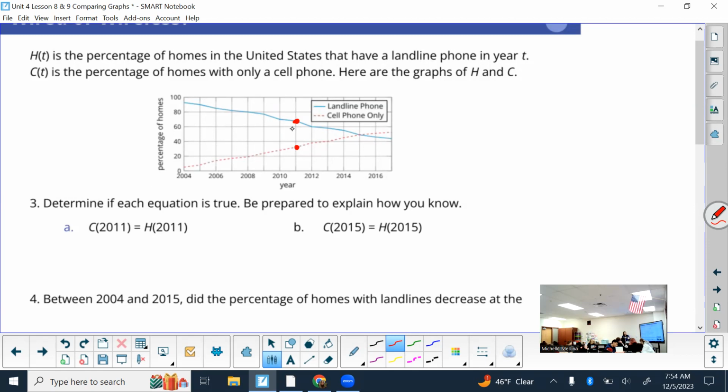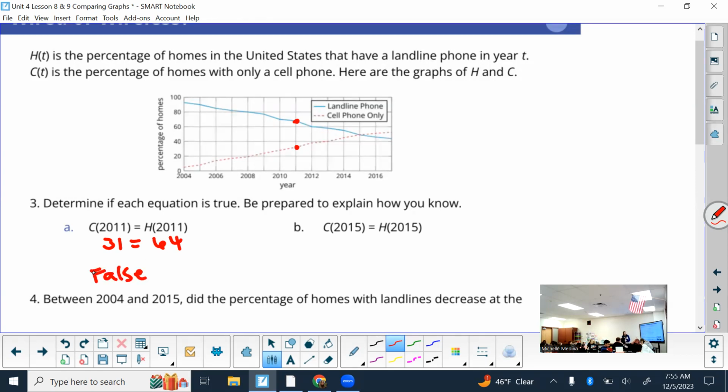What's approximately C of 2011? So maybe 30, maybe 31, depending on how you approximate it. What's approximately the value of H of 2011? Probably closer to 70, but sure. Okay. Are these equal? So then this is false.